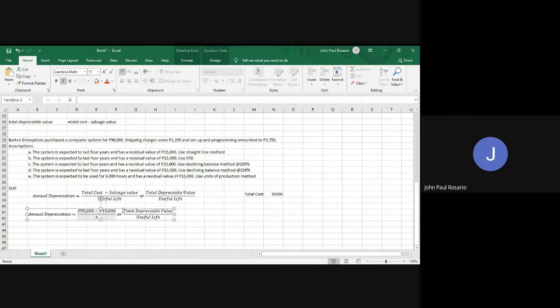Or we can simply compute for our total depreciable value, which is equal to the total cost of 95,000 less our salvage value of 15,000, which gives us 80,000.